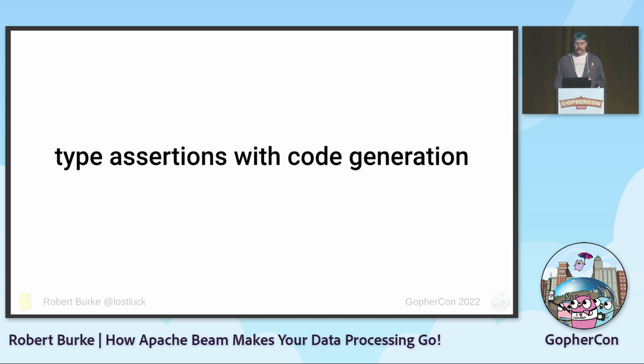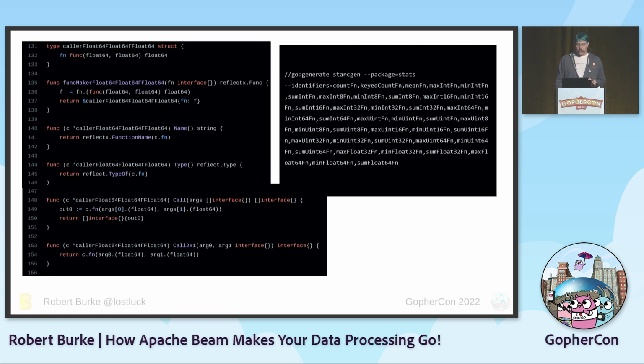With a bit of static analysis, I wrote a tool that would look at your DoFns and pick out the types, and then generate something like a reflective caller. The code ended up looking like this for all the generated code. And if users wanted to, they could run the generator on their own DoFns like we did with go generate.